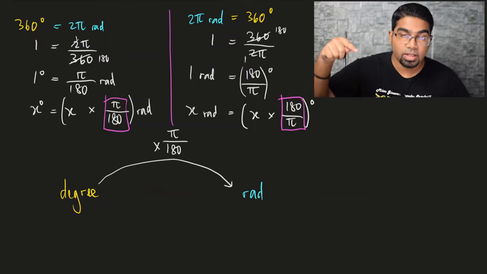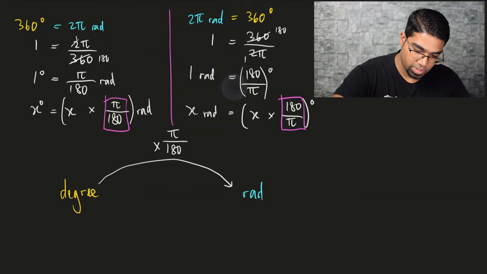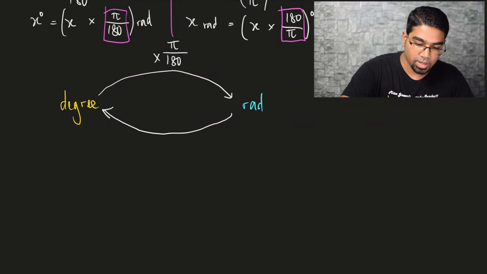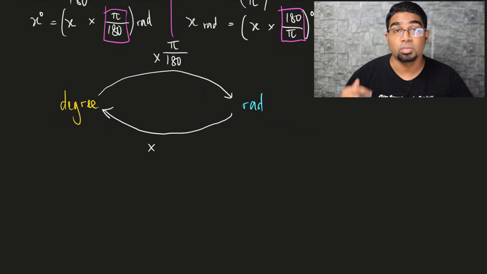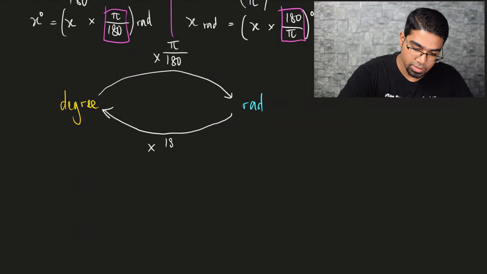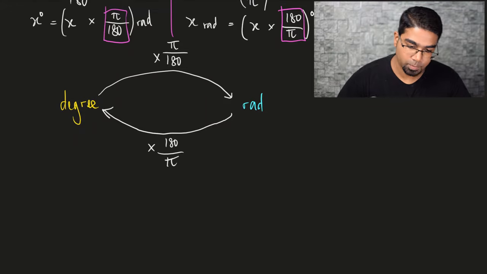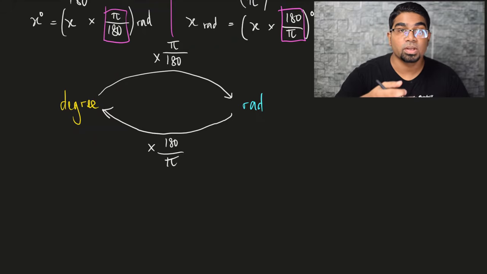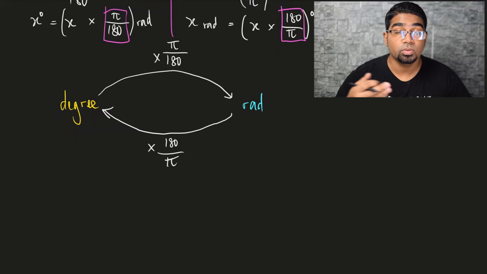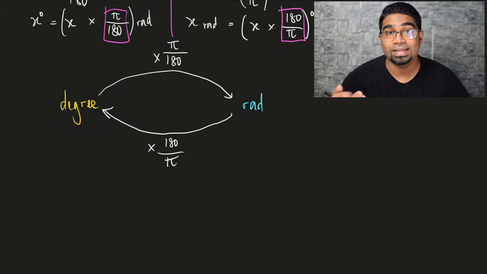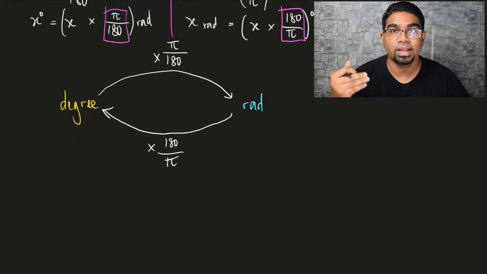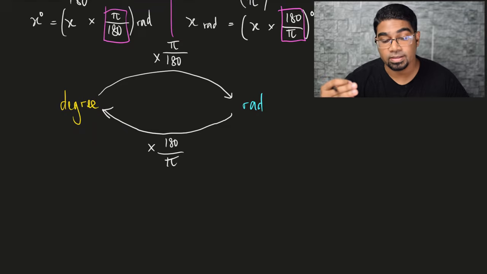So if you are going from radians back to degrees, then this time the number will be the numerator, so 180 over pi. So the conversion is as simple as that. If you start with degrees and you want to go to radians, you multiply by pi over 180. And if you want to go from radians back to degrees, you multiply by 180 divided by pi.